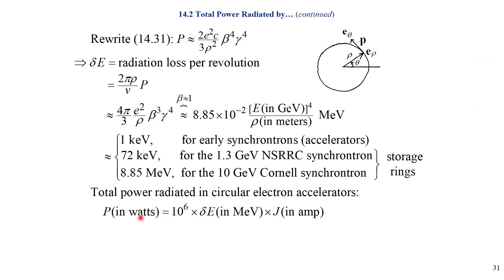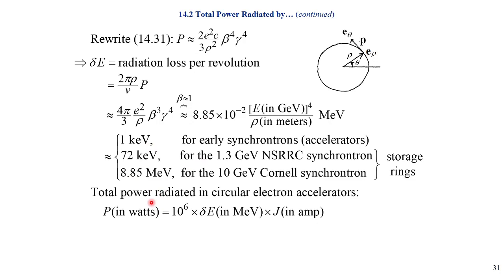Okay, good. The total power radiated in a circular electron accelerator, P in watts, is delta E in MeV times J in mA. Okay, that's the total loss. It loses a lot of energy, so we need the cavity to compensate the loss of the energy.